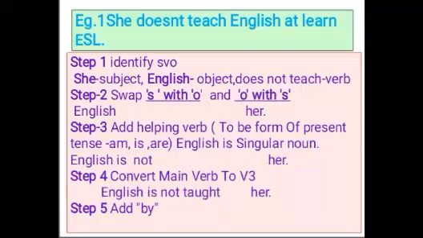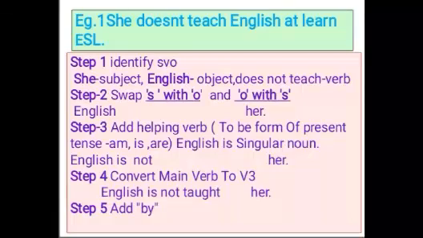Step 3 is to add the helping verb. English is a singular noun, so the suitable helping verb is written after English. One new step here to add is to write not after is. In the active sentence, not is written after does, so in passive voice too, we will write not after is.